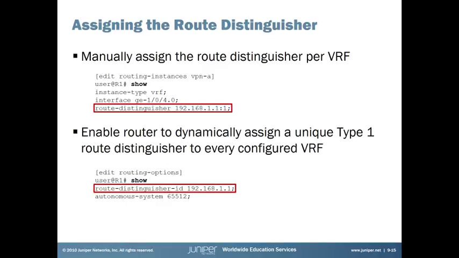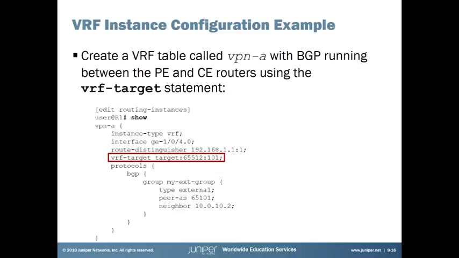So that's a type 1. We're going to add a route target. There's an example of a route target being added to our BGP configuration.